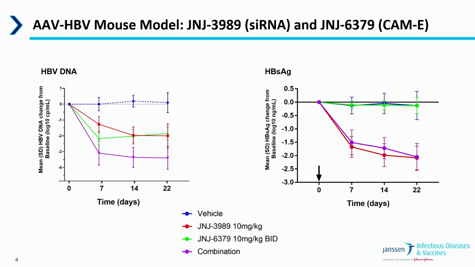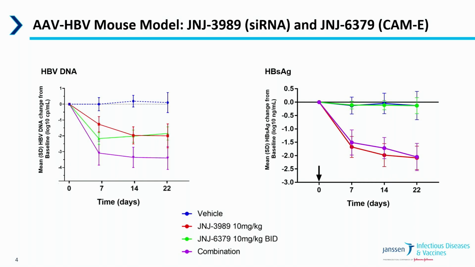Here, very quickly, is preclinical data from an AAV mouse model with HBV replication. To the left, you clearly see HBV DNA had an additional effect of the combination, where you see in violet the lowest reduction was in the arm where 6379 and 3989 were combined.